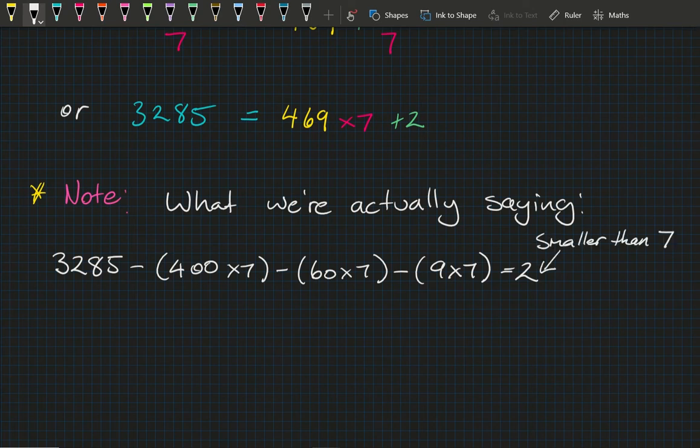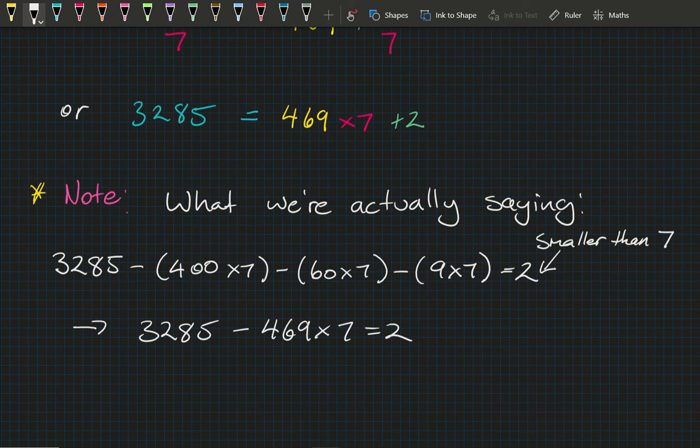So obviously 7 is a common factor with those 3 brackets there, and 400 plus 60 plus 9 is 469. So what we really got is 3,285 minus 469 times 7 is equal to 2.